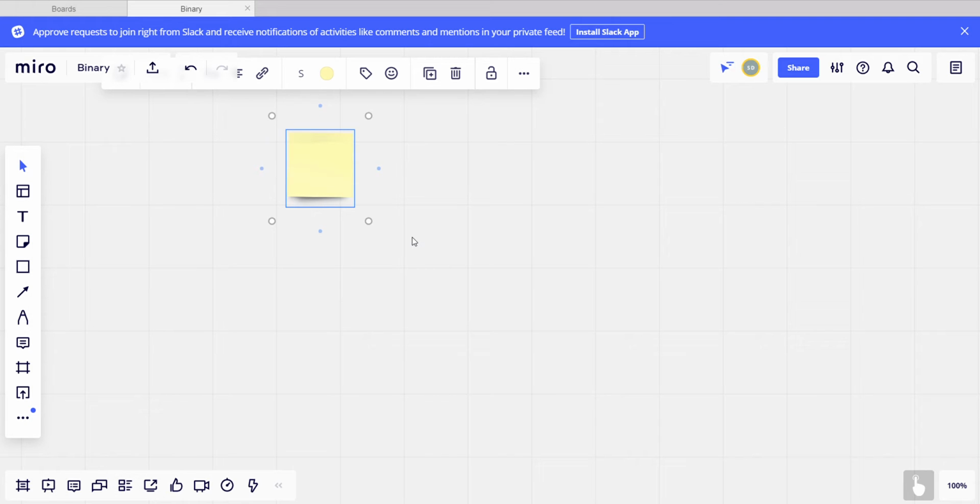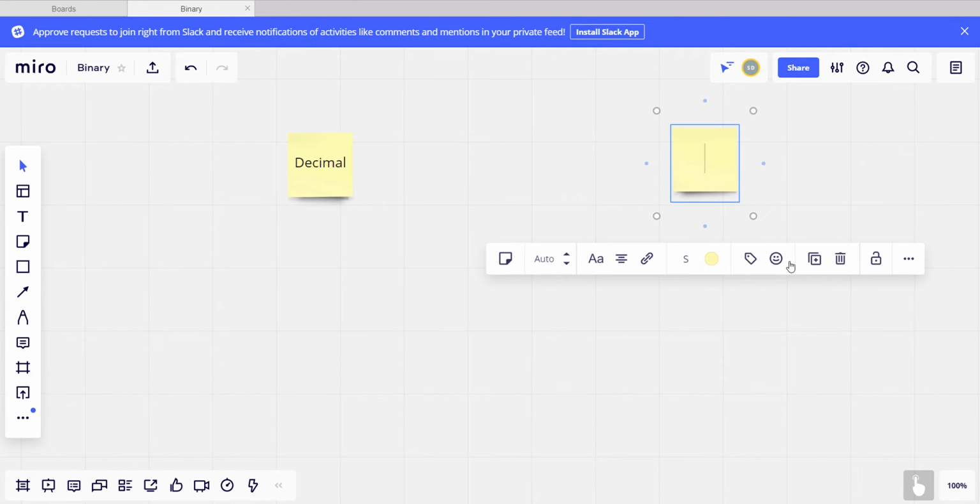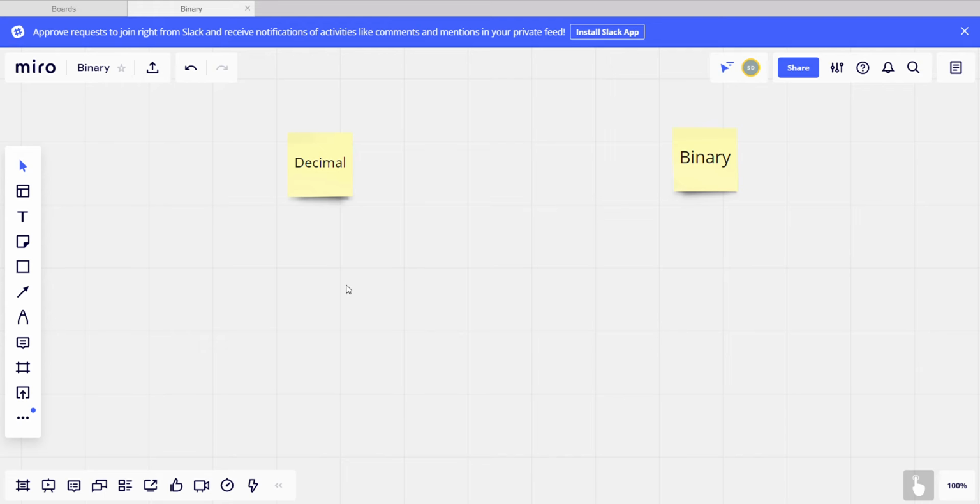So I'm going to create two different categories, our decimal system on the left side and binary here on the right side. As we know, the digits in our decimal system are the ones digit, then the tens digit, then the hundreds digit, and then the thousands digit, and so on.